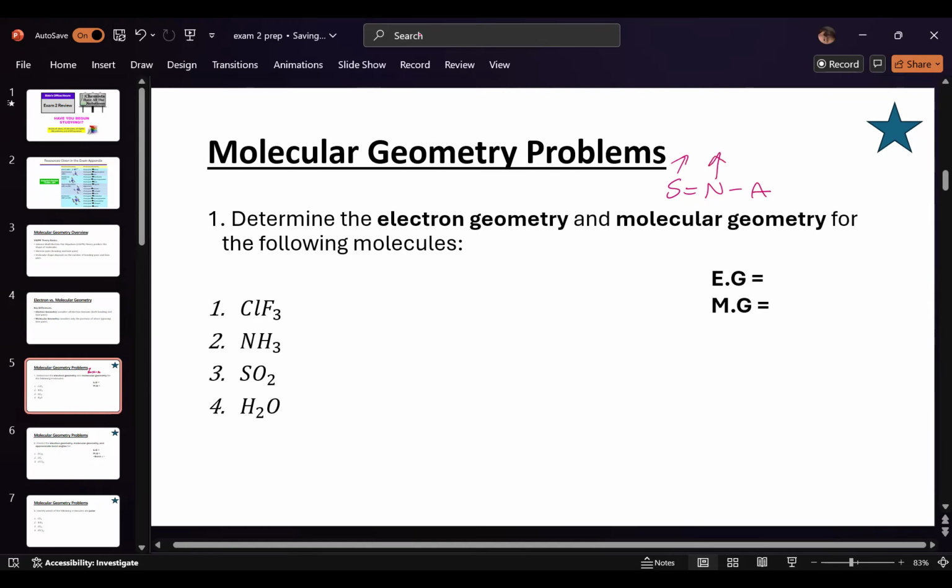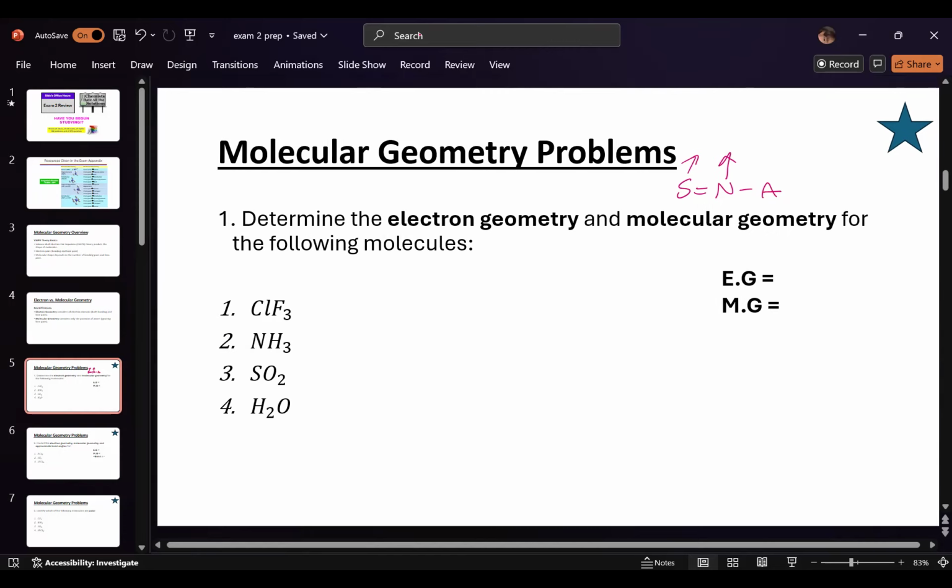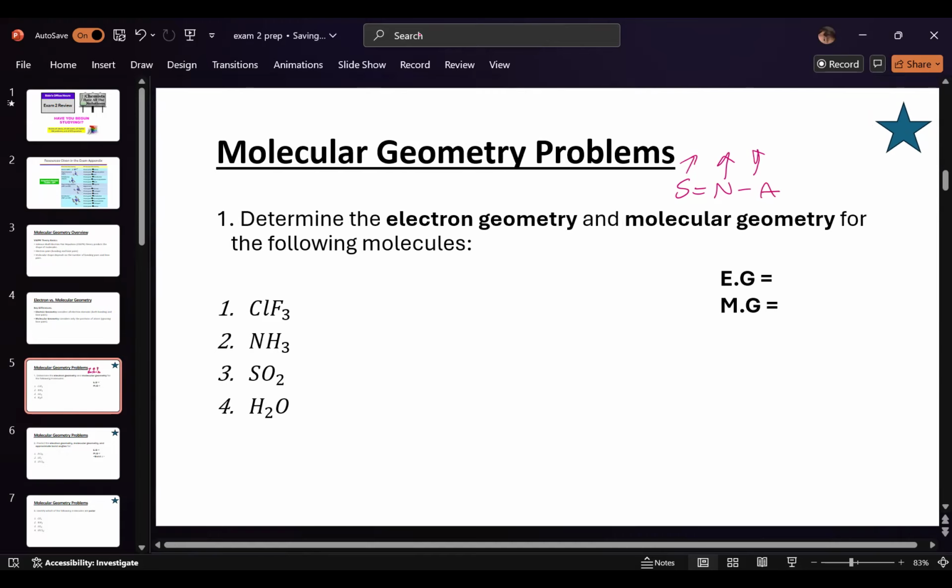The N is your needed. You get that from the periodic table, using the valence electrons, okay? And the A is what you actually have in your structure, all right? So I'll do it for ClF3, but then I'm just going to go quickly for the rest.